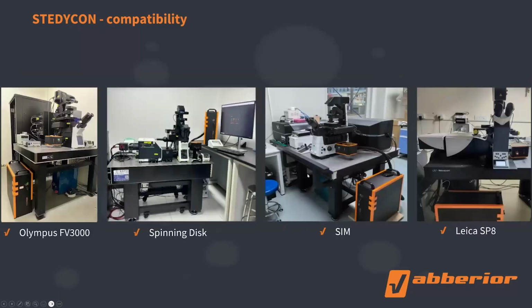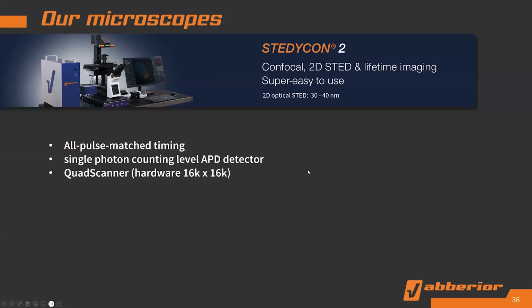You can also attach the Stedycon to any existing high-end system, like here to the Olympus confocal microscope, spinning disk, or SIM, or our customer, he used a competitor's system and was very unsatisfied and purchased our Stedycon attached to another site.